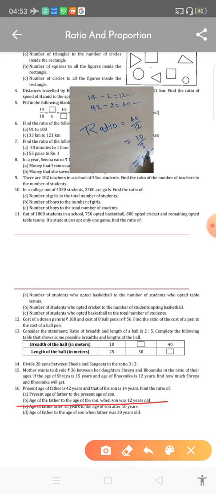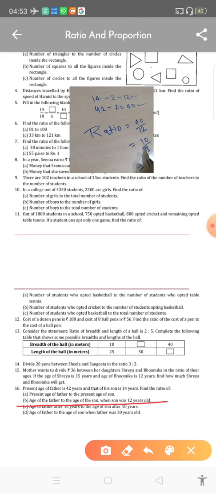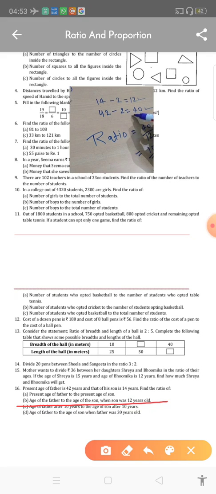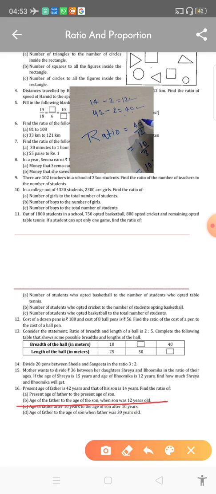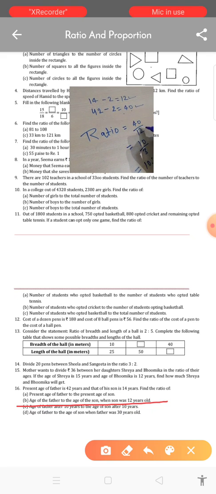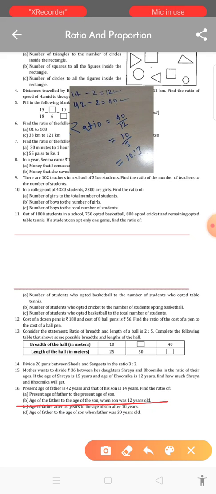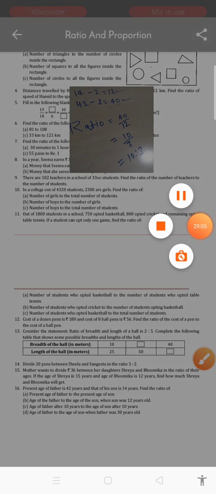In part B, before 2 years the age of son is 12 years and the age of father is 40 years. So 40 by 12, we simplify it, we obtain 10 by 3. The required ratio is 10:3.